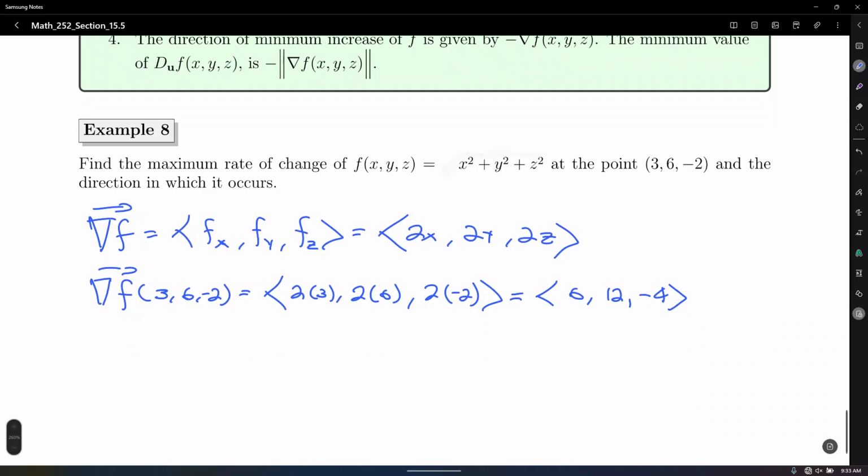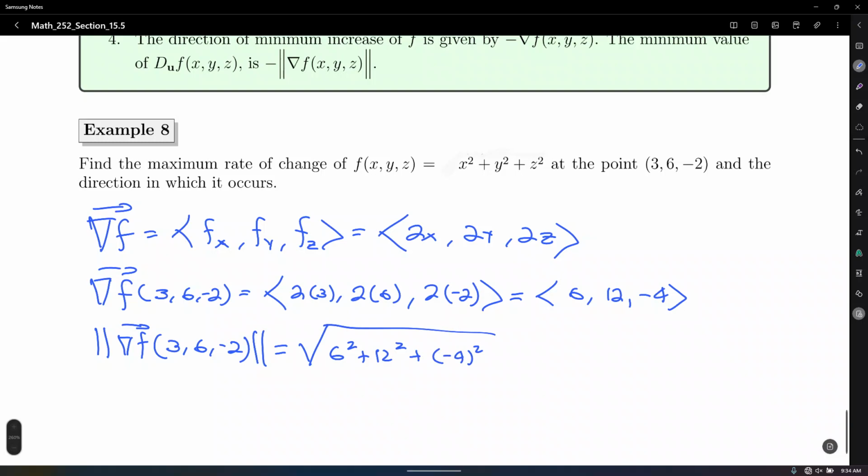What is that maximum rate of change? So maximum rate of change, that is going to be the magnitude of the vector we just obtained, at the point 3, 6, negative 2. That is the square root of 6 squared plus 12 squared plus negative 4 quantity squared.